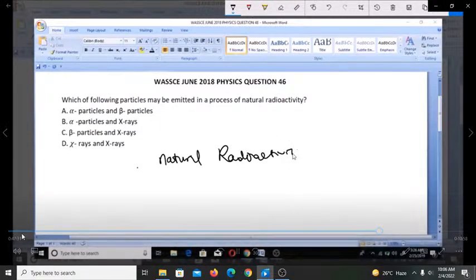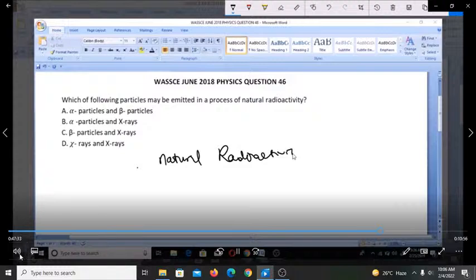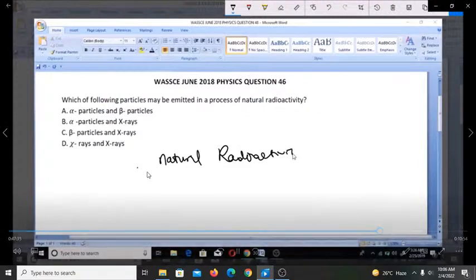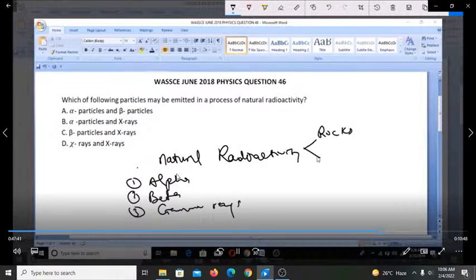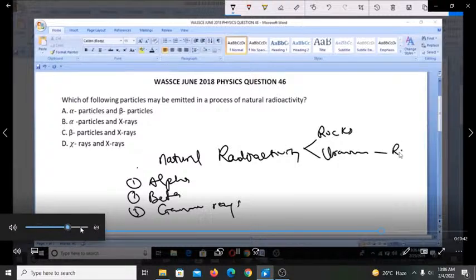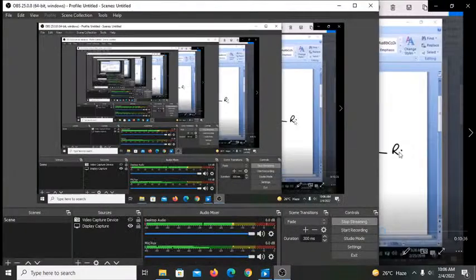Now, natural radioactivity is what happens in our daily life, mostly in rocks. And this actually causes uranium to be disintegrated into radon, emitting things like the alpha particles.